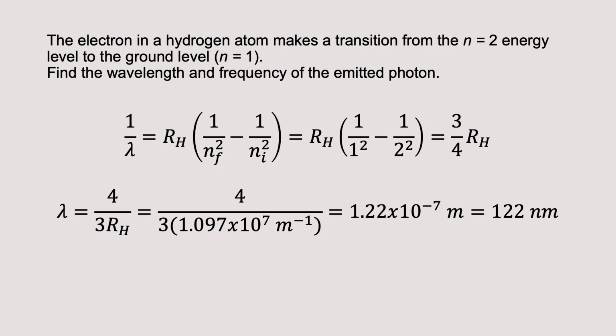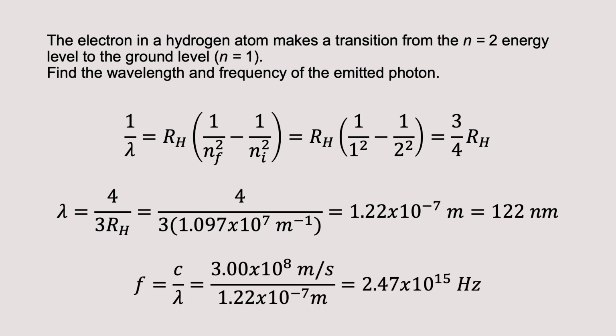We plug in 4 over 3 times the Rydberg constant, which is 1.097 by 10 to the power of 7 per meter. We now have 1.22 by 10 to the negative 7 meters, or 122 nanometers. And so we now have the wavelength of the emitted photon, which is 122 nanometers.